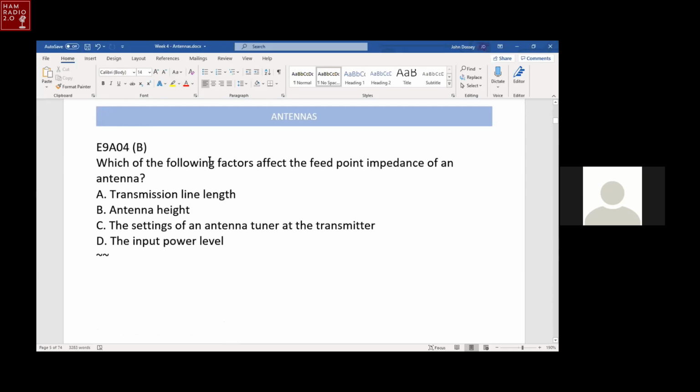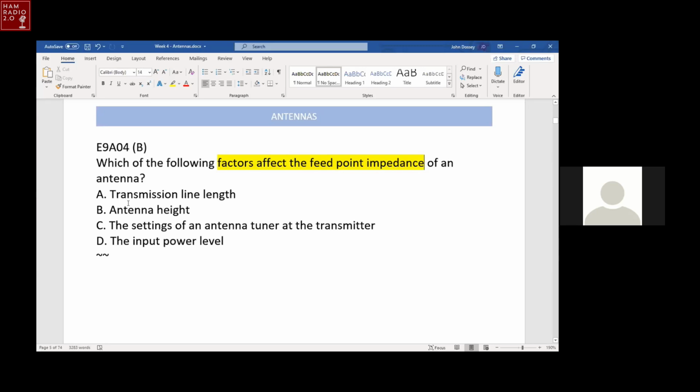What factors affect the feed point impedance of an antenna? Every antenna has a feed point impedance. Which factors affect that? Transmission line from the transmitter doesn't. Antenna height will. The antenna tuner at the transmitter is not changing the antenna feed point.